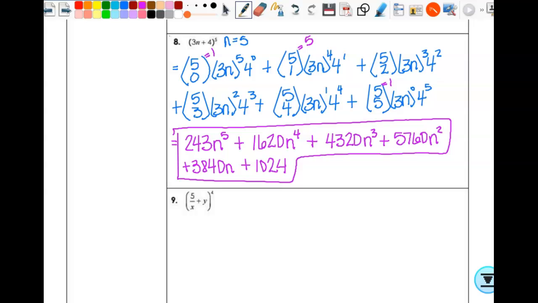Any questions on how to get any of these numbers? We're all good? We're getting the right ones? All right, if you got at least the first four, then you just write down the last two. It means you can get them.